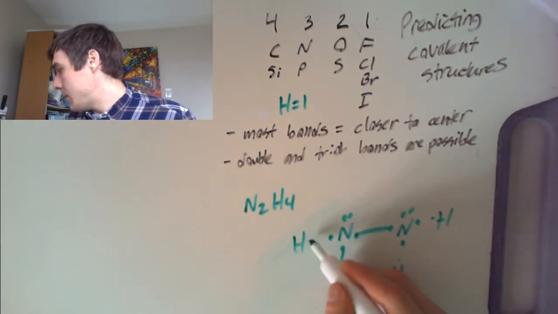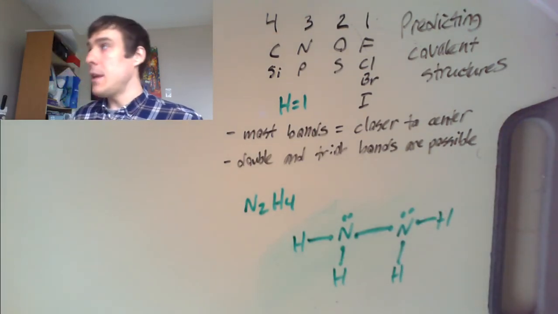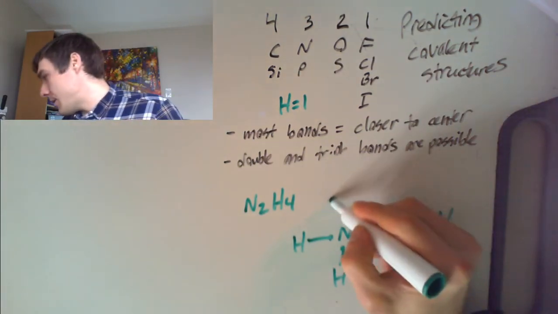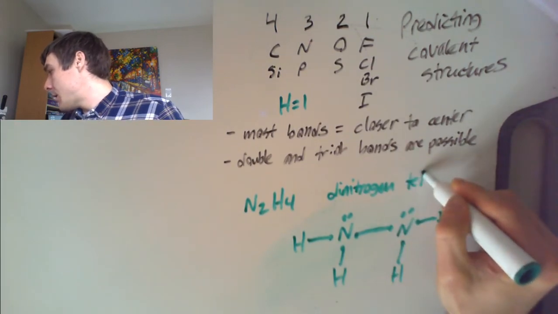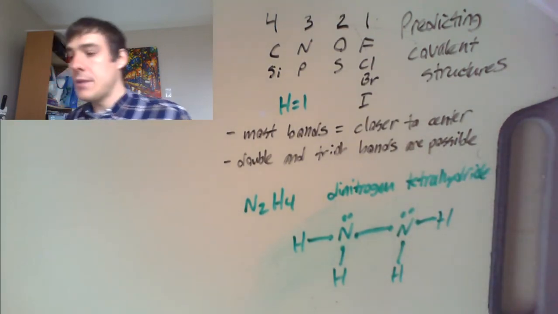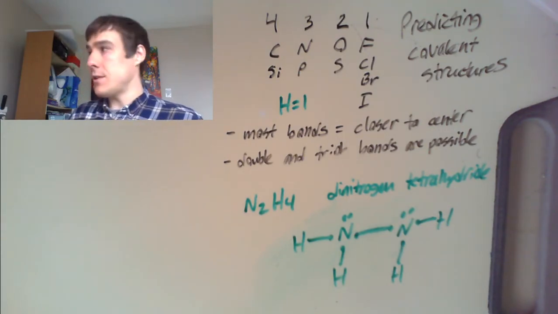So that's hydrazine. Or, if you prefer, dinitrogen tetrahydride is how we would name it, with 2 nitrogens and 4 hydrogens.